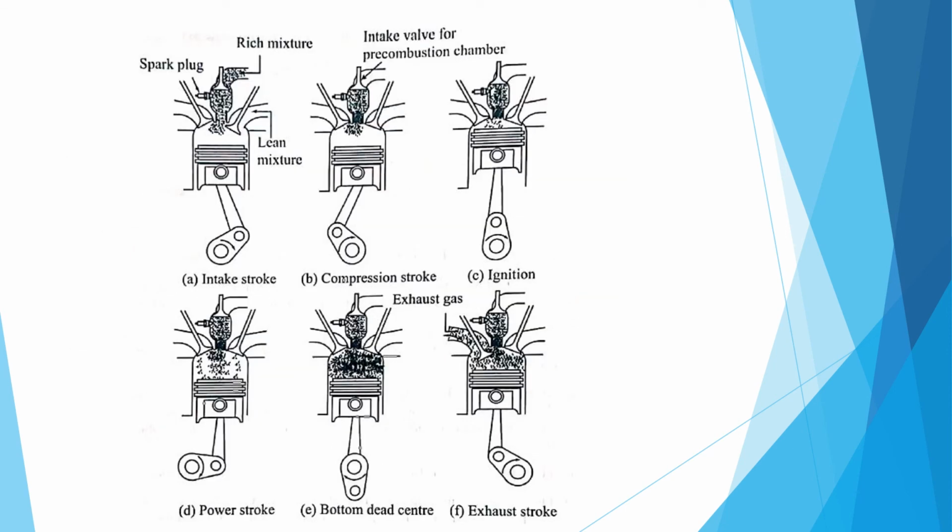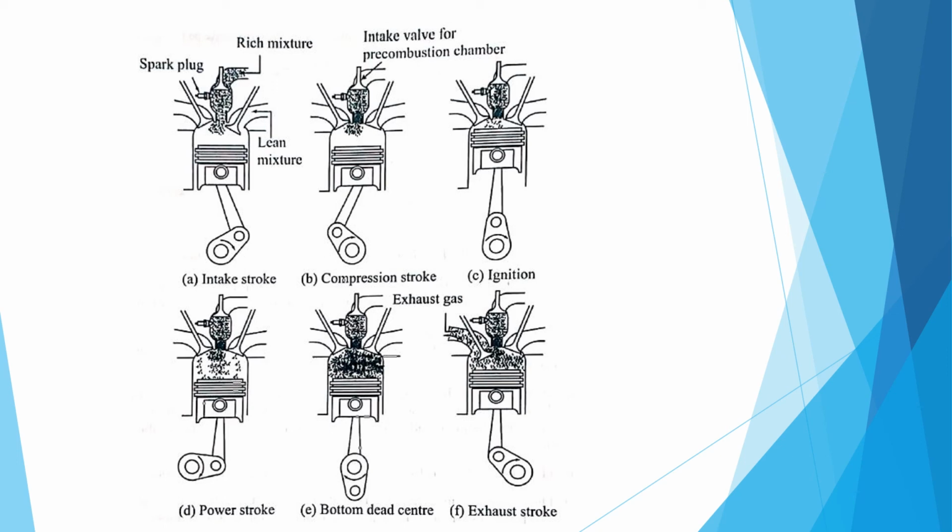This figure shows the schematic of the combustion process of the Honda CVCC engine. Number 1. First, a large amount of lean mixture and a small amount of rich mixture is supplied through the main and auxiliary intake valve respectively.